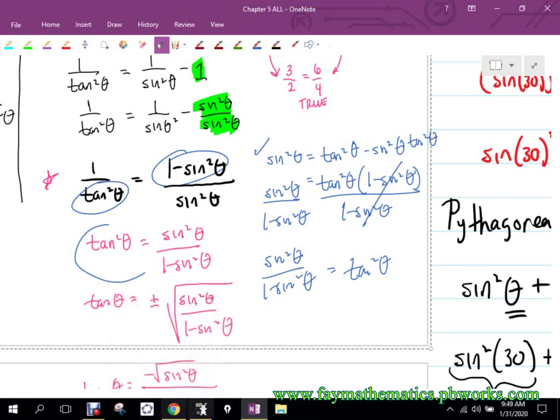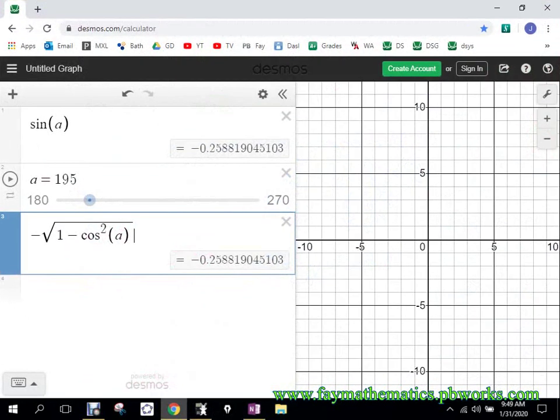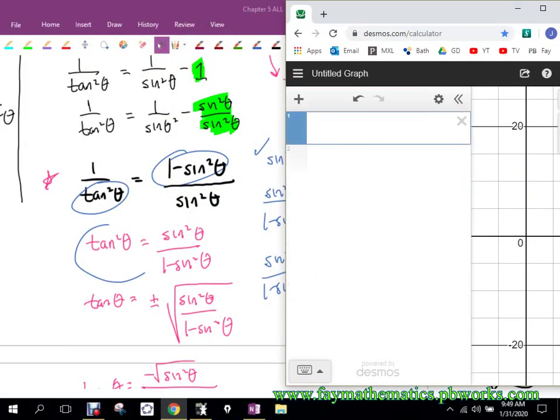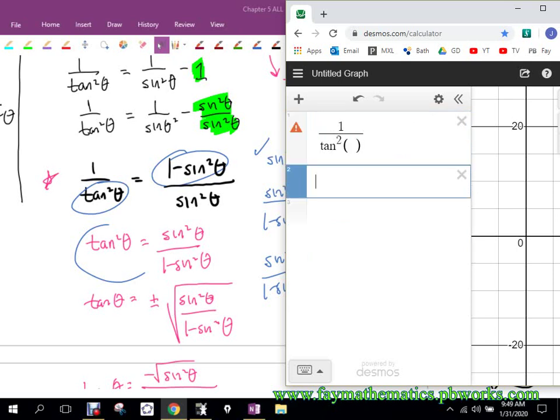So what I would do is take my calculator and say, when I have 1 divided by tangent squared of some theta, let's see what that gives me. And then I have 1 minus sine squared of some theta divided by sine squared of theta. I would suggest you don't use a TI-83 for this because you're probably going to miss parentheses sometimes and mess things up.